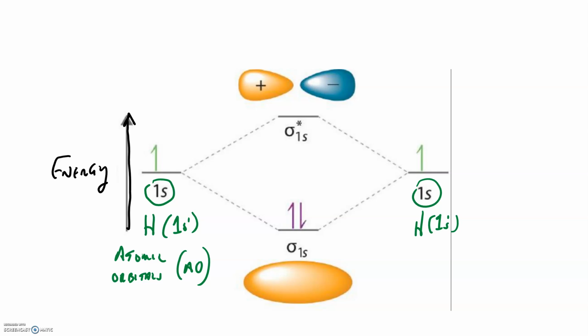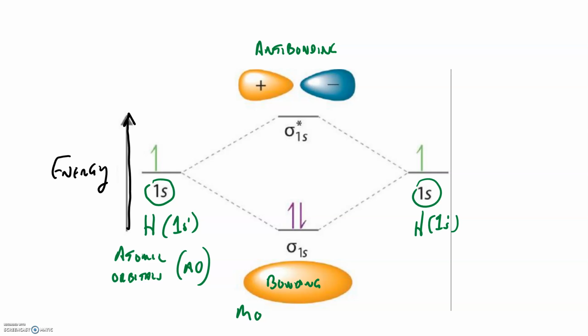When atomic orbitals combine, as we've said, they do two different things in equal amounts. They form molecular orbitals, what we're going to call MO, and sometimes they form this nice bonding version, which is lower in energy and promotes the bonding of these two atoms. Sometimes they form the anti-bonding version. So when we are putting these two hydrogen atoms together, we're going to fill both of these orbitals, but we're going to do it like we did with regular electron configuration, and we'll fill the lower ones first.